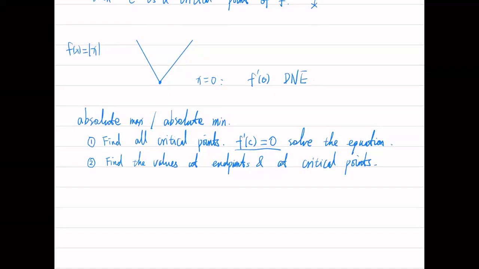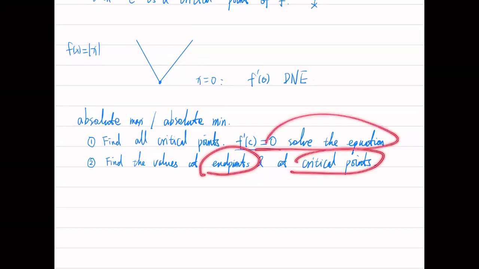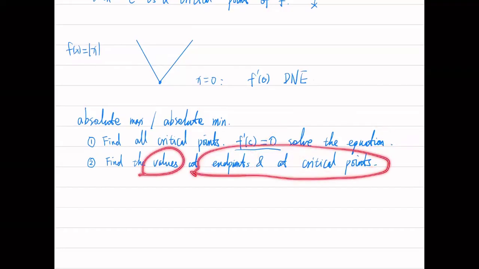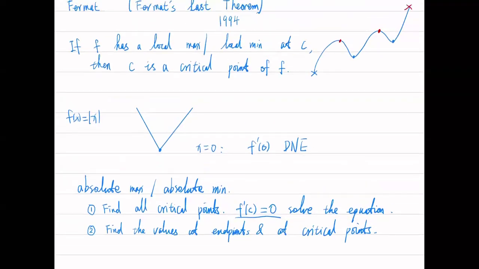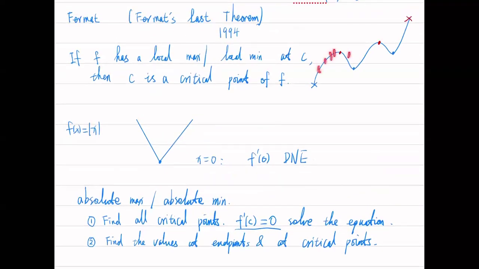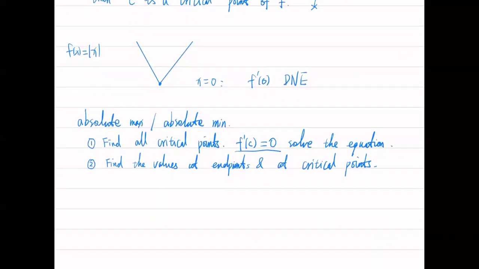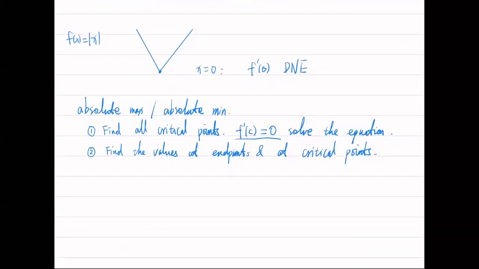Now we have a finite collection of points. Endpoints, 2 points. Critical points, a few, when we solve the equation or when the derivative doesn't exist. We can compare the values at a much smaller collection. Previously, we had to check one by one, which one is largest, which one is smallest. Now we only check a few points. That's the application of this.